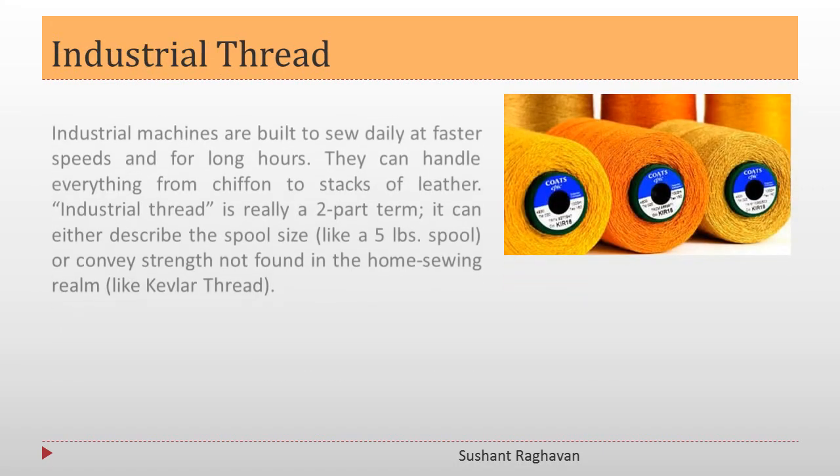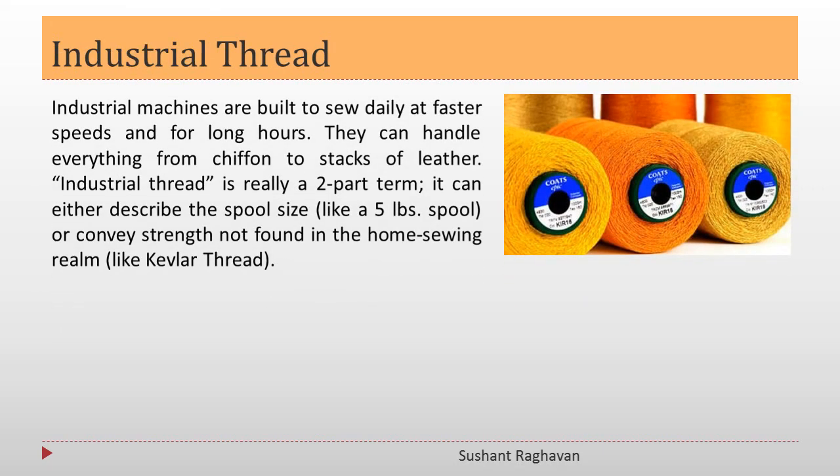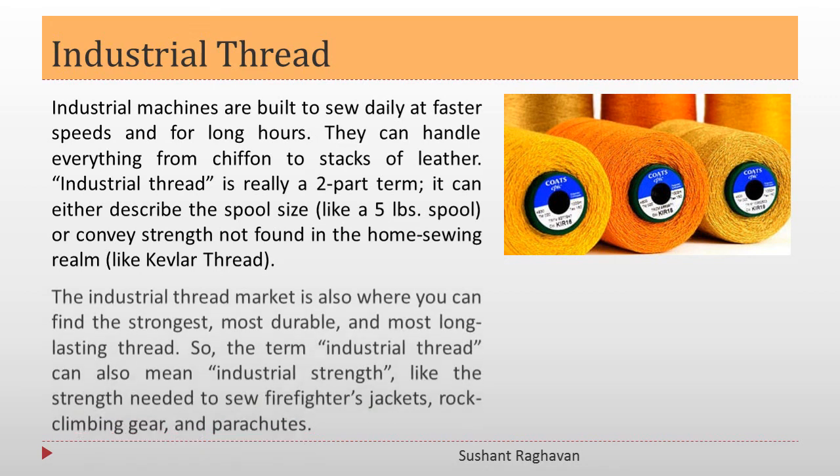Industrial thread. Industrial machines are built to sew daily at faster speeds and for longer hours. They can handle everything from chiffon to slabs of leather. Industrial thread is really a two-part term. It can either describe the spool size, like a 5 lb spool, or convey strength not found in the home sewing realm, like Kevlar thread.